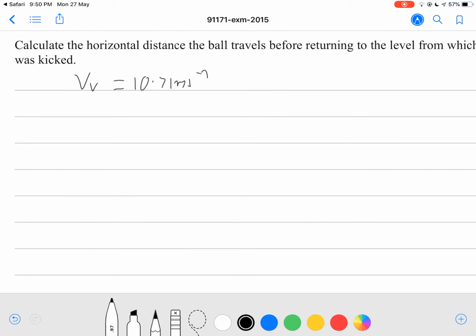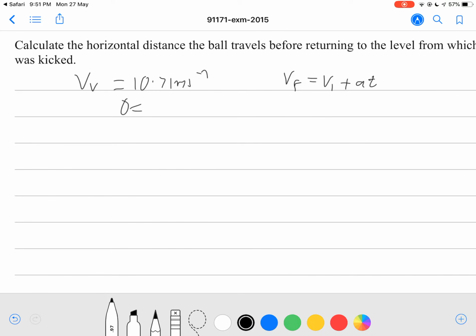So if we're trying to calculate how long it will take to reach the maximum height, we're trying to figure out how long it will take for this 10.71 meters per second to be reduced to 0. And to do this, we're going to be using the kinematic equation. The easiest one to use is Vf equals Vi plus At. You know Vf is 0 because the vertical velocity at the top of the flight is 0.